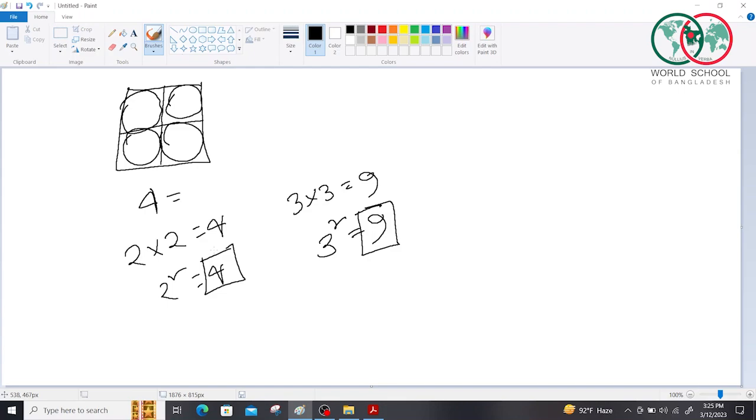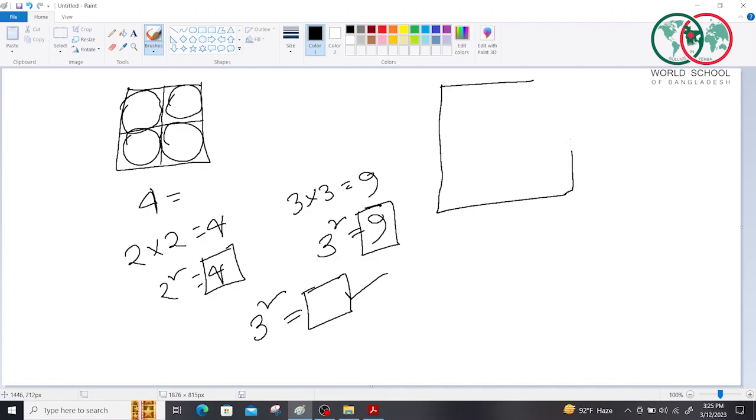In simpler words, if we square any number, then the result we get is called a perfect square number. Suppose we have folded in 3 equal parts and we have got 1 2 3 4 5 6 7 8 9 equal boxes.